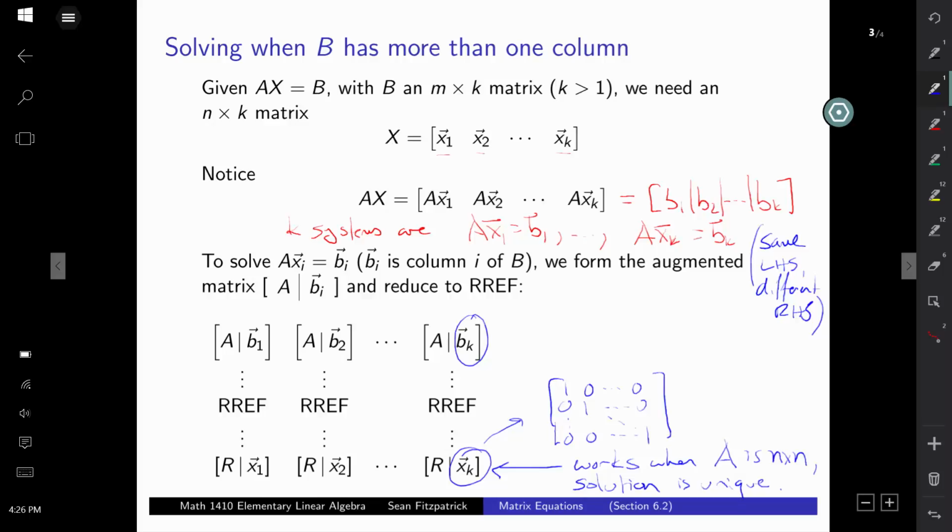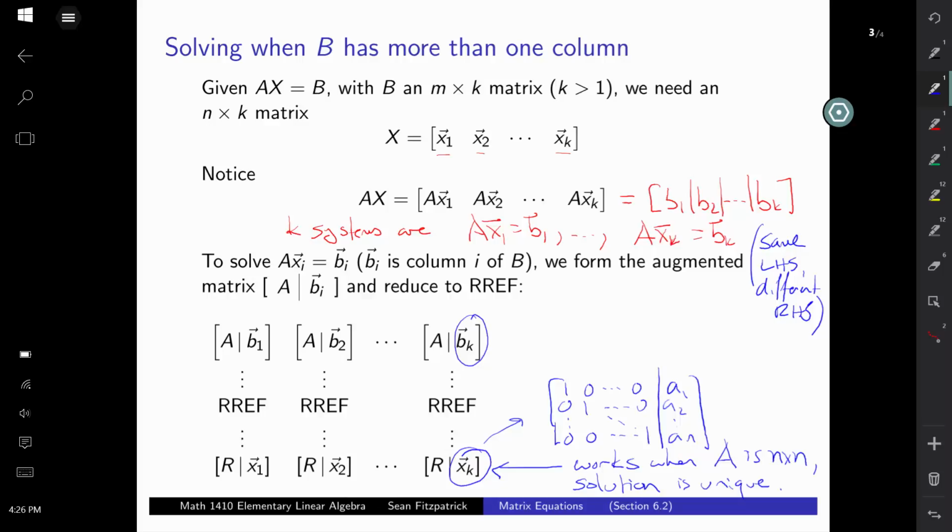These leading ones in each column, and then your constants are going to be some a1, a2 down to an. And so in this case where you're dealing with a square matrix and a unique solution, you get x1 equals a1, you get x2 equals a2, all the way down to xn equals an. And that's your solution, and that's the sense in which you would get that solution vector over there on the right.